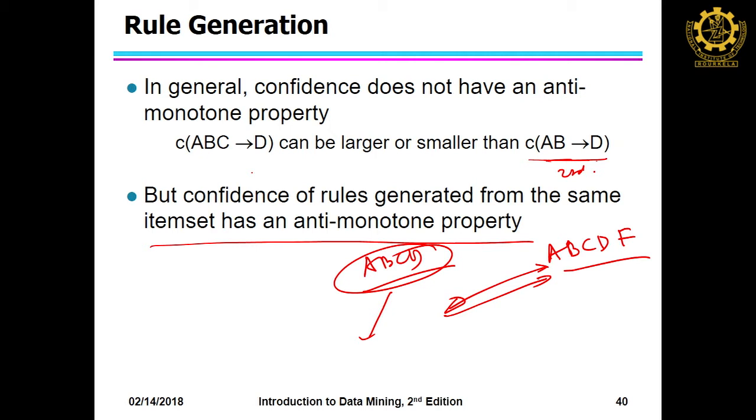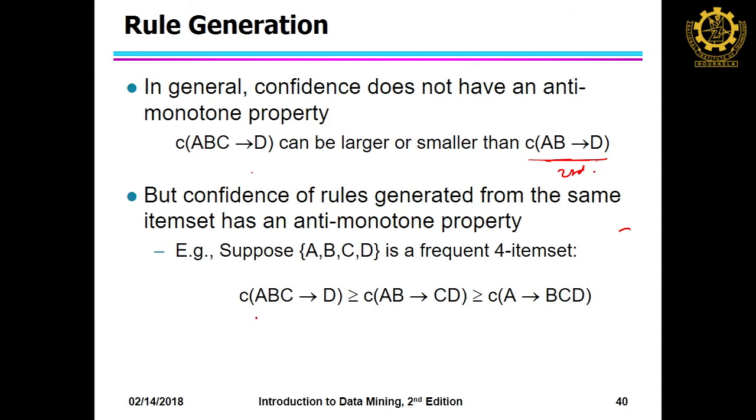So, here we go, this is the subset with respect to the right side: you see this is C D and this is D. So, this is the subset. A subset will have more confidence than its corresponding superset, as we said for the frequent item set.